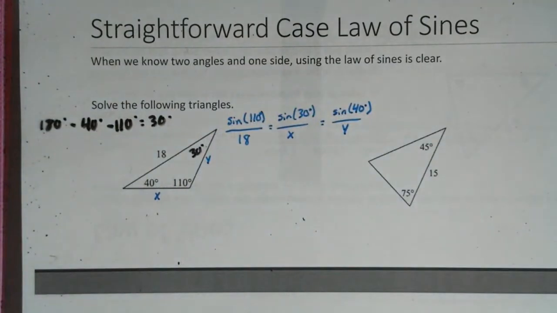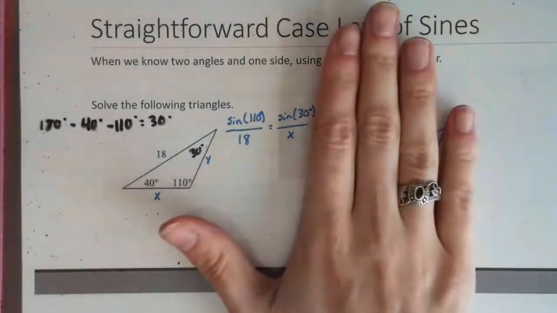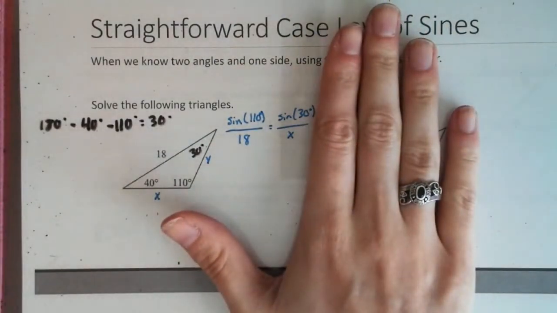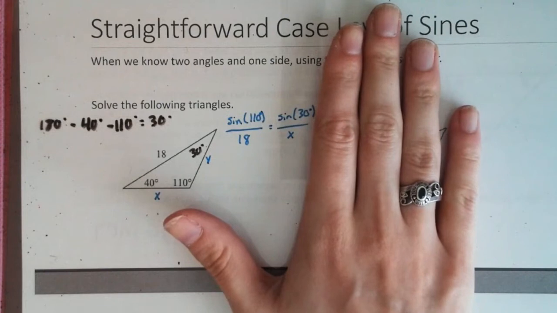Now I'm just going to take different parts of this equation and work with them. First up, I'm going to ignore the third part, and we have the sine of 110 degrees over 18 is equal to sine of 30 degrees over x. I'm going to cross multiply.